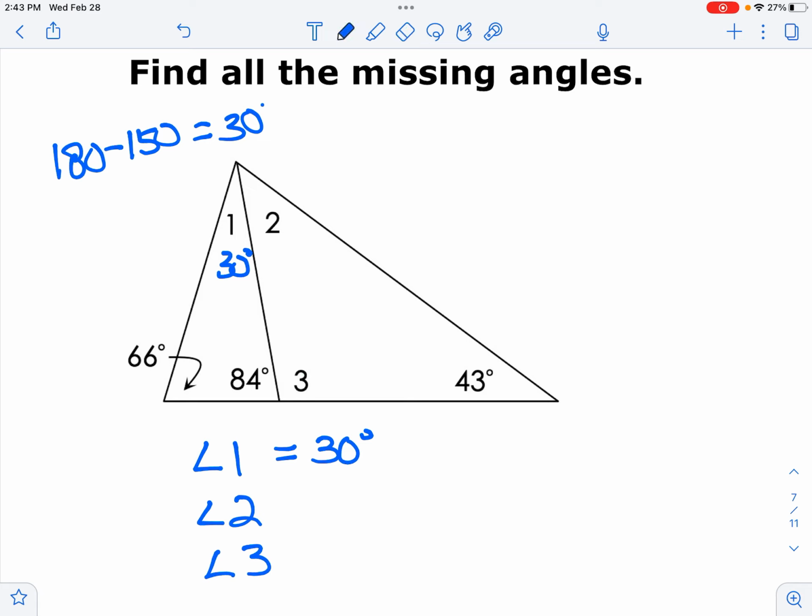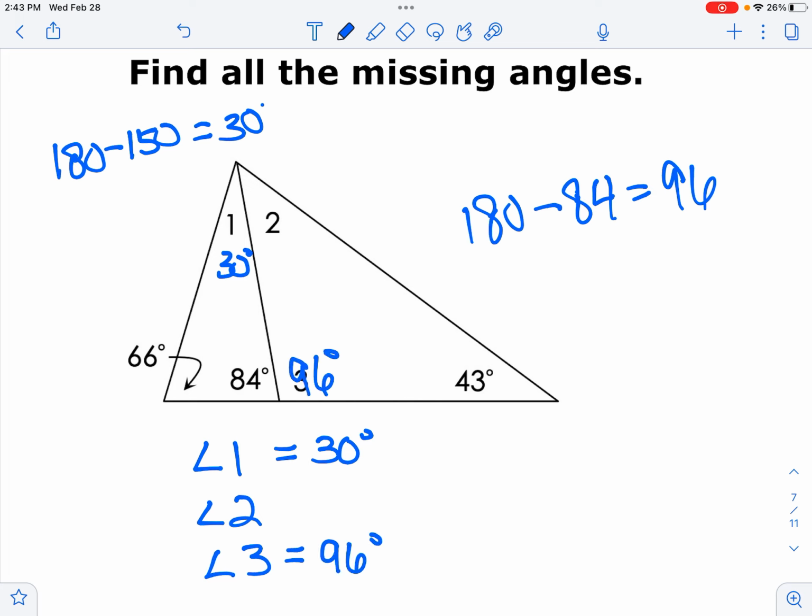So 180 minus 84 gives me 96. So angle 3 has to be 96 degrees. Now I can add these two together to get my other one.